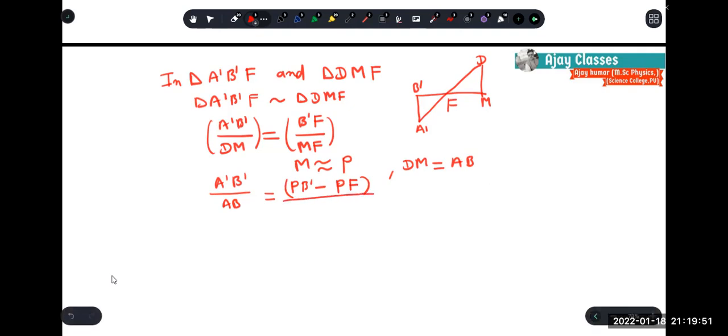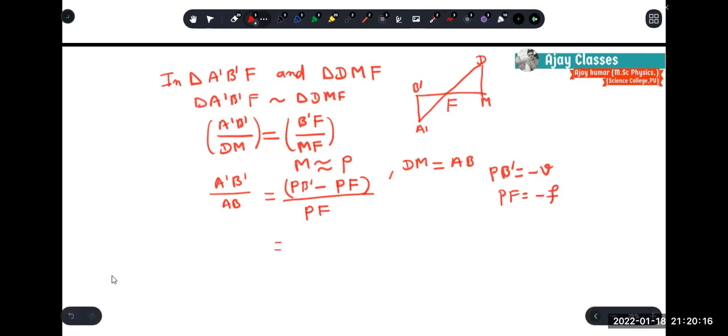And MF, M is very near to the pole, so we will write P and join it with F. So we get some relation. What is the value of PB dash? PB dash is equal to minus v and PF is equal to minus f, the focal length.